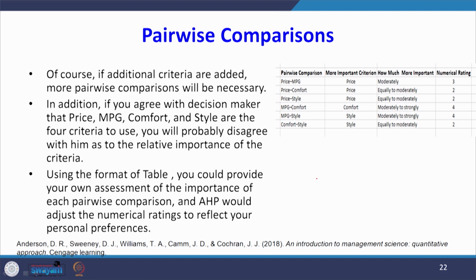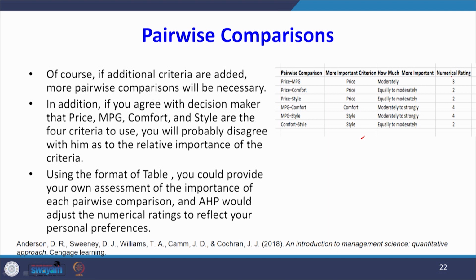In addition, if you agree with the decision maker that price, miles per gallon, comfort and style are the 4 criteria to use, you will probably disagree with him as to the relative importance of the criteria. Using the format of the table which is given on the right hand side, you could provide your own assessment of the importance of each pairwise comparison, and AHP would adjust the numerical rating to reflect your personal preferences.